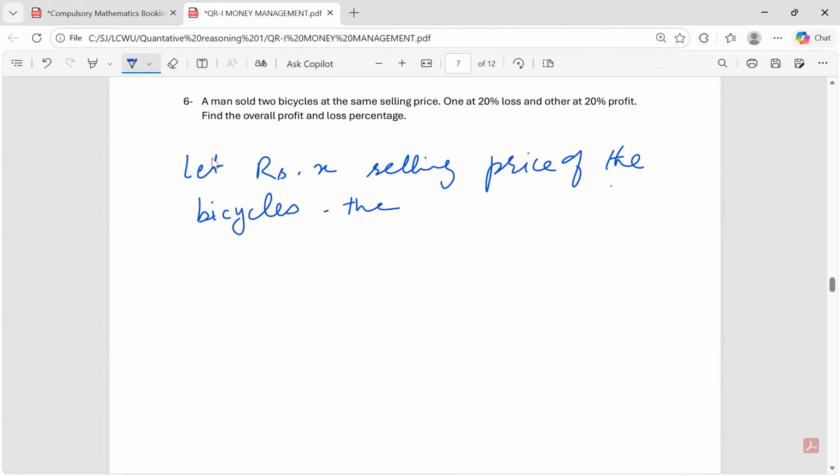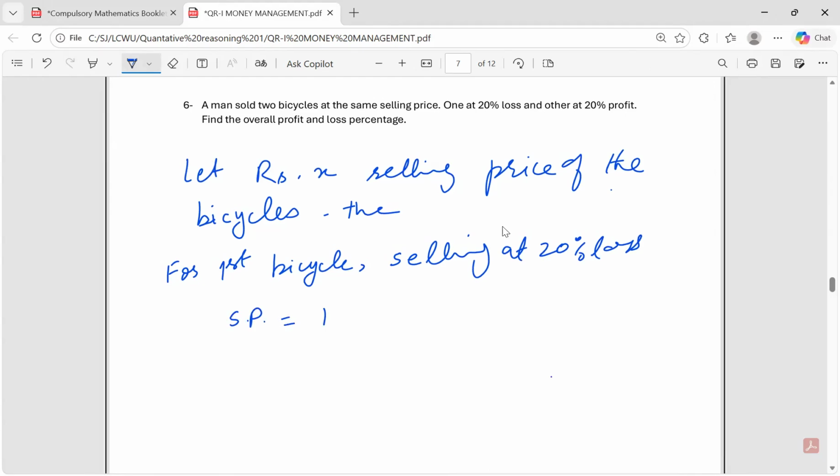Then for the first bicycle, selling at 20% loss, the selling price x is equal to 1 minus 20% of the cost price, let's call it cost price 1.